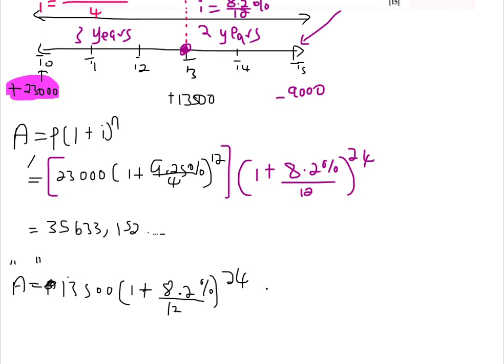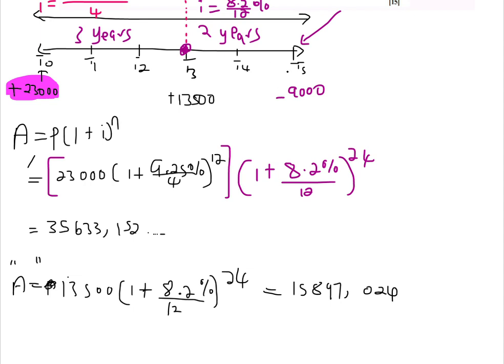Let's see how much this will become. So this will be 13,500 multiplied by 1 plus 8.2%, and this will become 15,897.024.